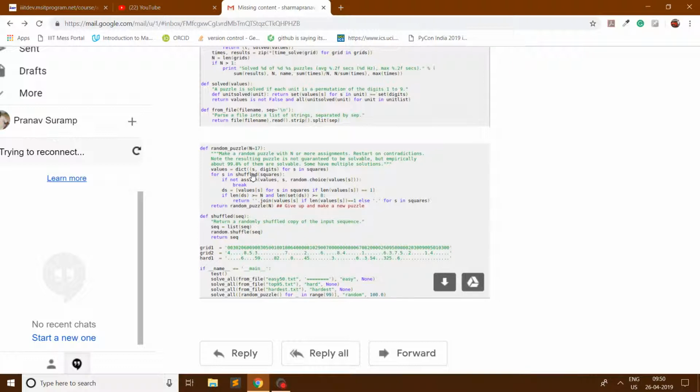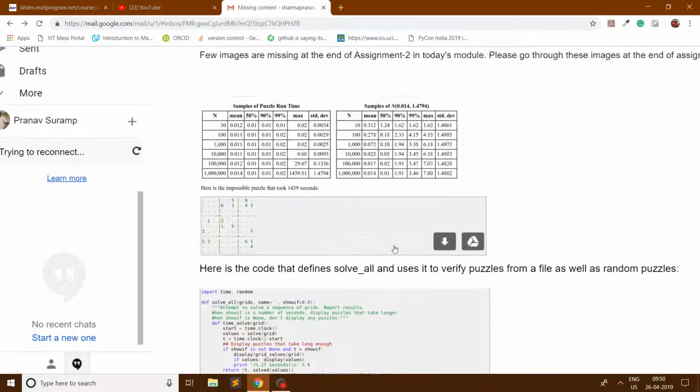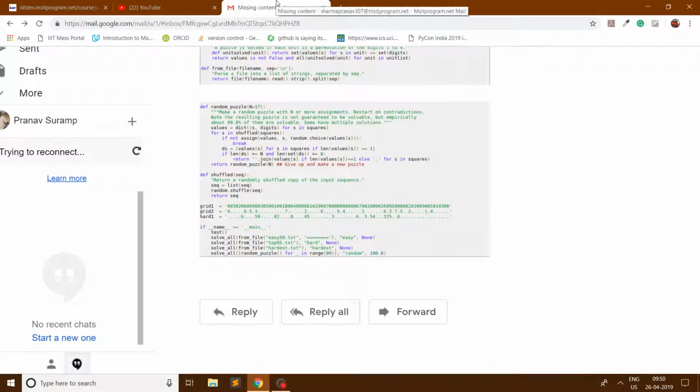You take that and you shuffle and you return that sequence, and that's all it takes to solve the problems. And these are some impressive stats about how the size of n varies the runtime, and that's about it. Thank you.